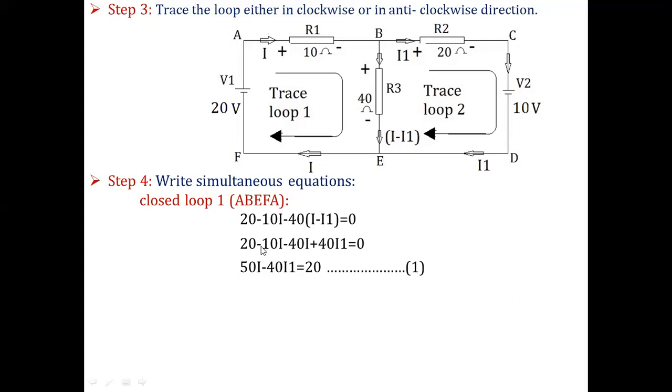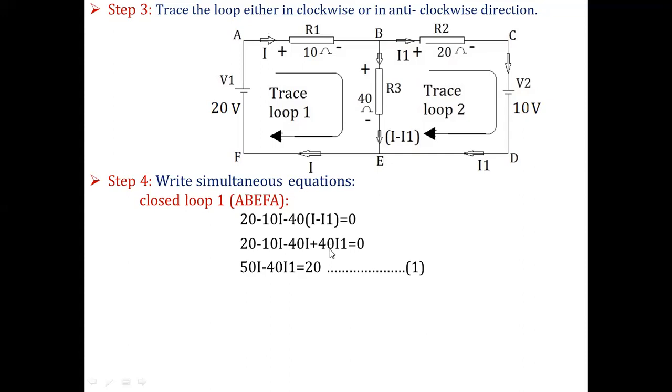इधर प्लस 20 है, here minus 10 I plus minus 40 I, माइनस 50 I हो गए. Minus 50 I, when it is sent to the RHS it will become plus 50 I. प्लस 50 I लिखा है, इधर प्लस 40 I1 है, उसको दूसरा साइड में भेज दिया तो माइनस 40 I1 हो जाएगा.